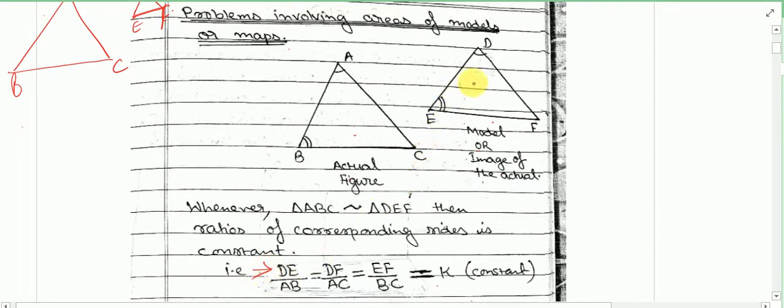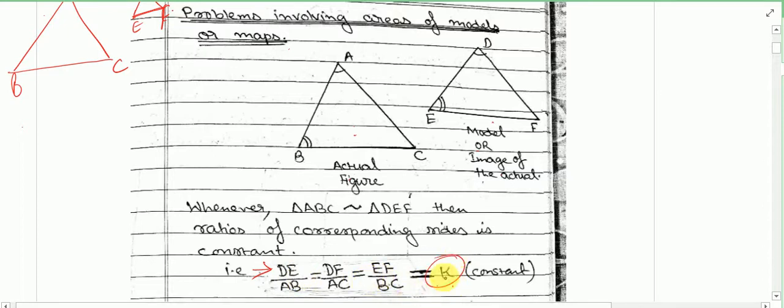Like here, this triangle DEF is the model or image of this actual one, so you have to keep the sides of the model in the numerator, clear? Like here DE upon AB, DF upon AC, EF upon BC. So here in the numerator I am keeping the sides of the image, the model, and then the ratio comes constant, okay.